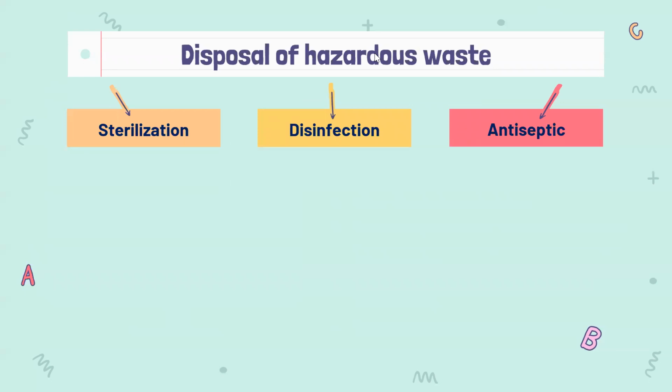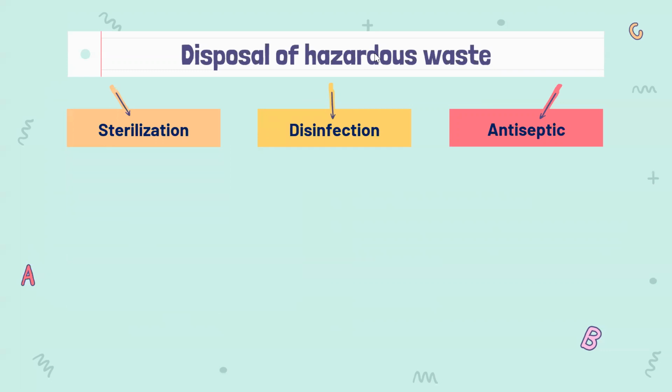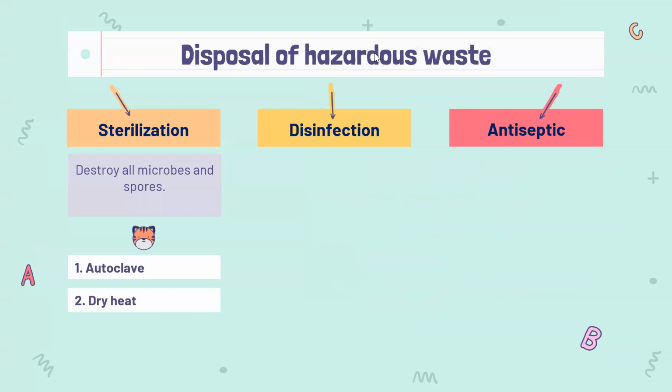For working in the microbiology laboratory, you always need to consider that all of the materials are contaminated. After working, we have to eliminate or dispose of all the biohazard waste in these three ways. The first is sterilization, the second is disinfection, and the third is antisepsis. Sterilization is the process that destroys all microbes and spores, which includes autoclave and dry heat.